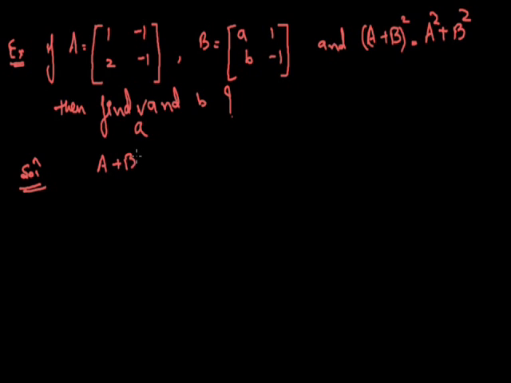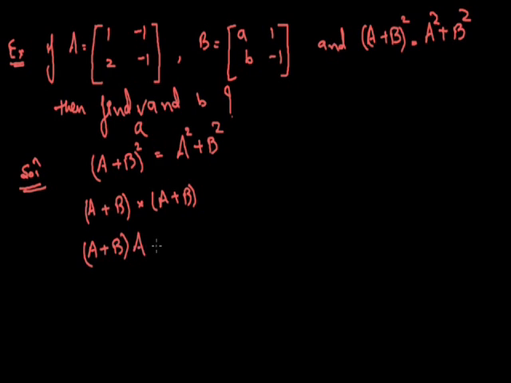(A + B) whole square equals A square plus B square. So (A + B) whole square we can write as (A + B) into (A + B). Now by using the distributive law, A into (A + B) plus B into (A + B) equals A square plus B square.